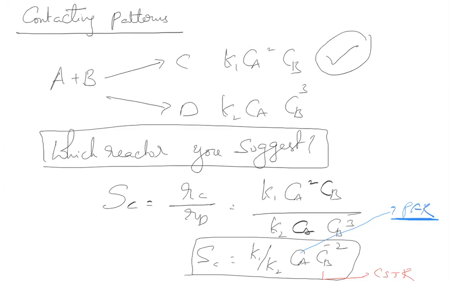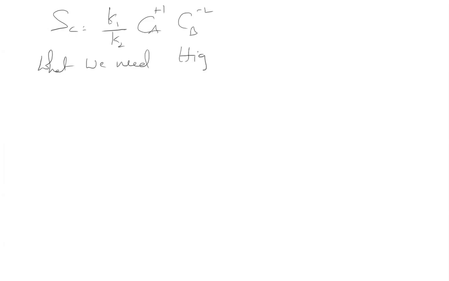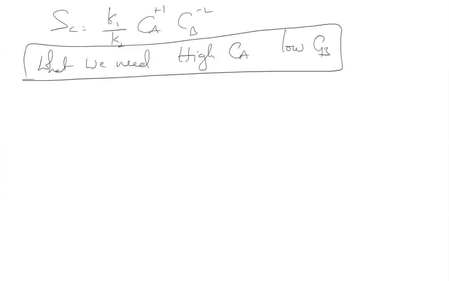Suppose I select PFR. What is the selectivity of C? K1 by K2, CA power 1, CB power minus 2. So what we need is high concentration of A and low concentration of B. Suppose we select PFR, then what happens?